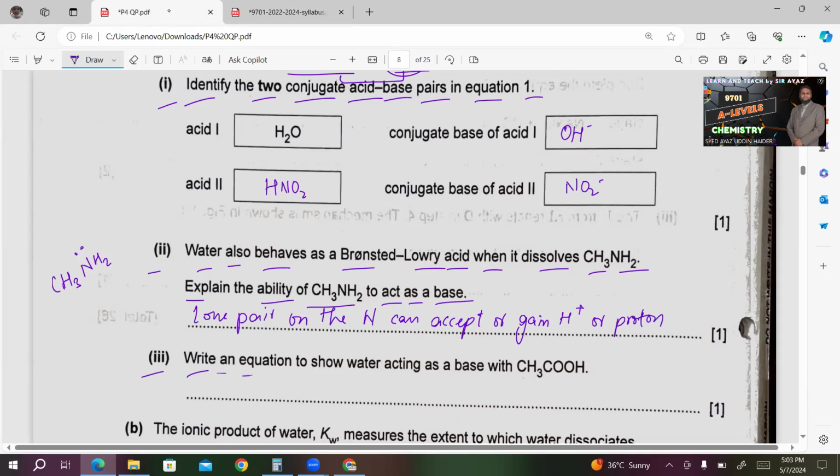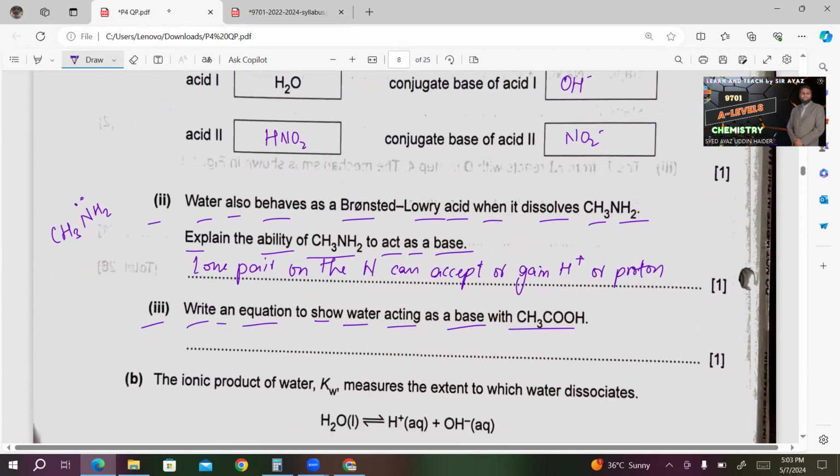Number 3, write an equation to show water acting as a base with CH3COOH. So water is H2O. We have CH3COOH. Water acting as a base, which means that the CH3COOH is an acid.